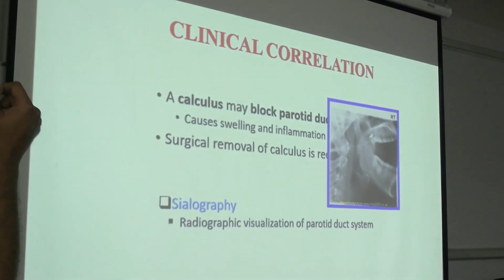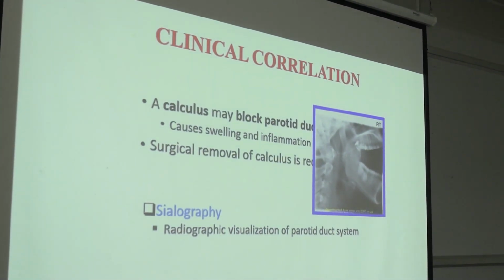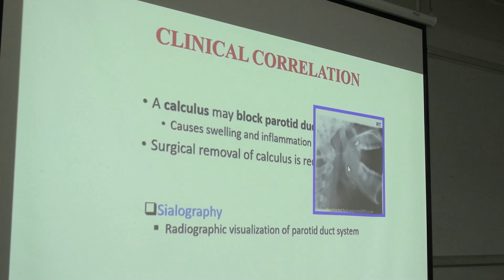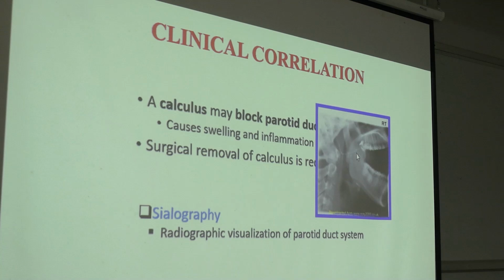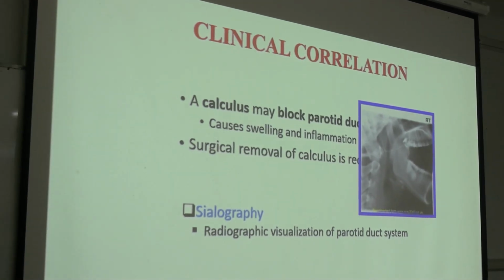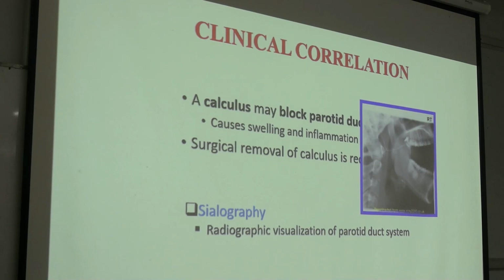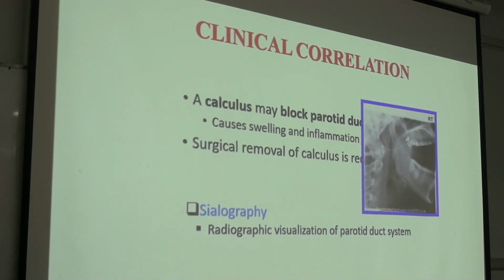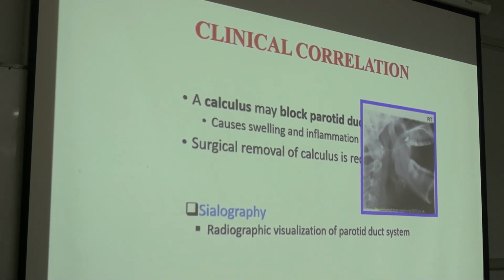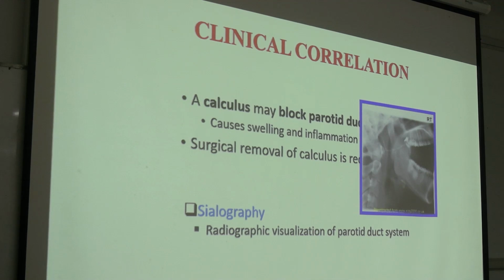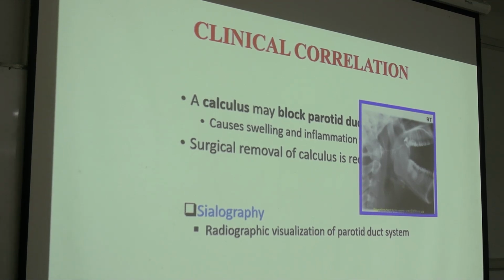We find the opening, inject the dye and see how it stains the duct. If you see a number of constrictions and spikes, that leads to the formation of a calculus in it. If you have a calculus visualized by this radiogram, which we call sialography, then we go for surgical removal or surgical correction.